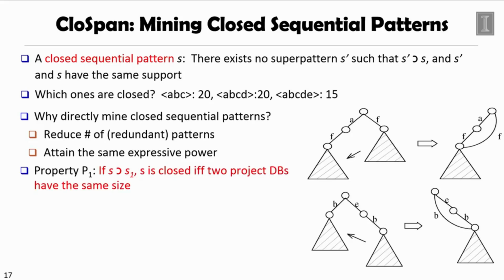So there's one interesting property like this. If S is a superset of S1, S is closed if and only if the 2 projected databases have the same size. Let's look at this. For example, for this sequence database, if you find F, the projected database, and another sequence AF, this is the projected database.